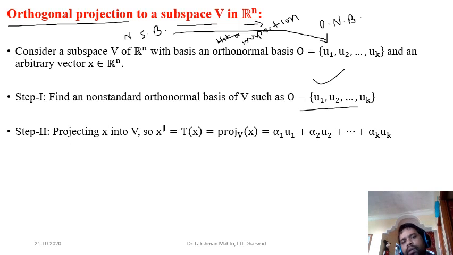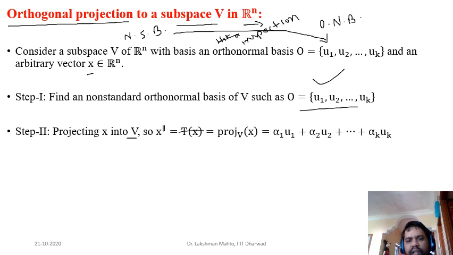Second step: you take any vector, you already have one vector x, and project this vector over this plane. The projected part of x is in the plane V.